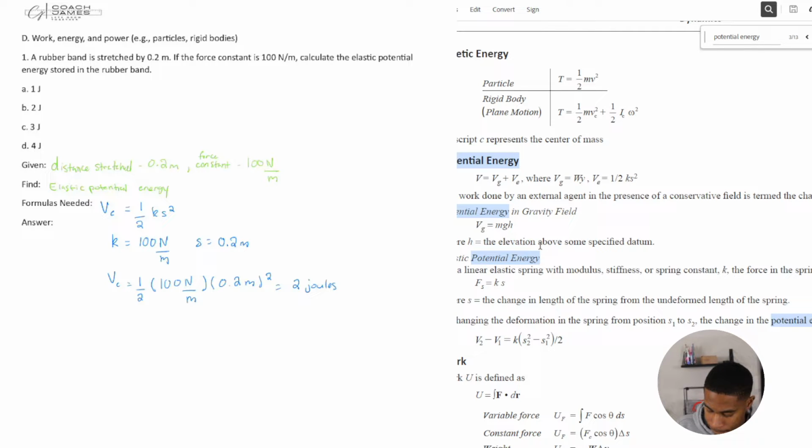All right. So really, my units don't come out as joules.